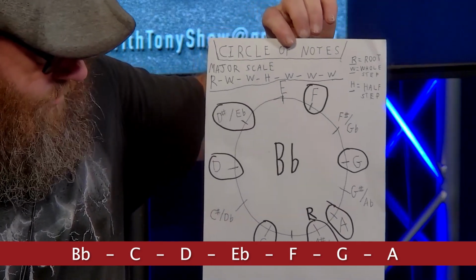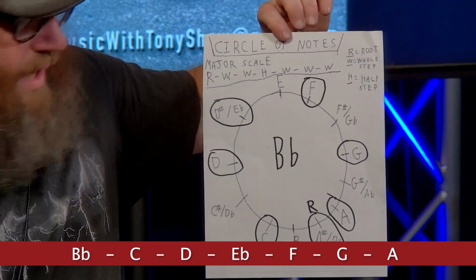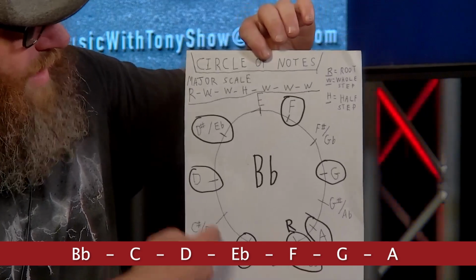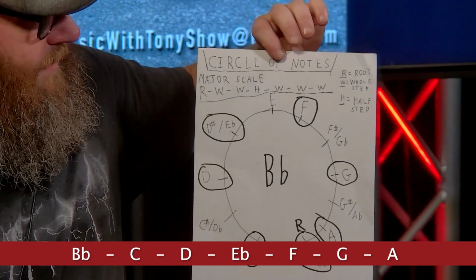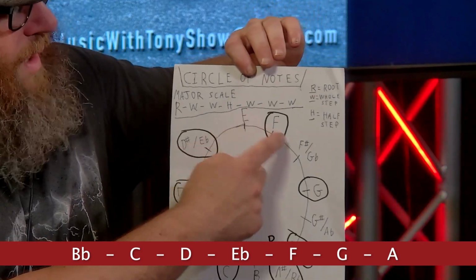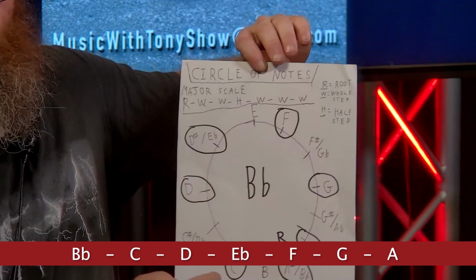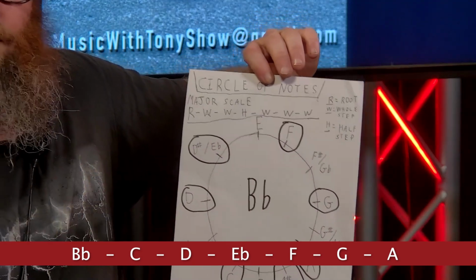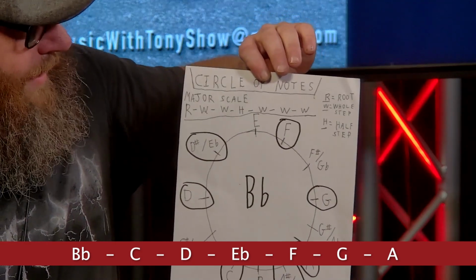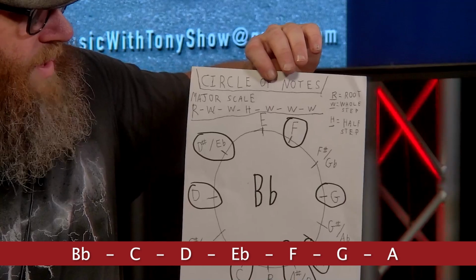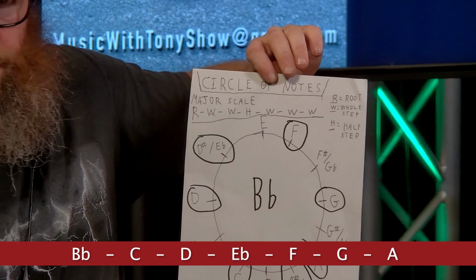So that's our scale, pulling it off the circle of notes, which includes all 13 notes in our scale of music, at least in our American culture.